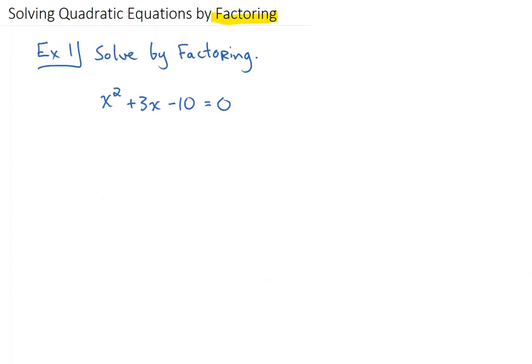Let's say we have the equation x squared plus 3x minus 10, and that equals 0. Now, when you look at this, because we have worked on factoring so much, you may notice that, hey, that looks like something I know how to factor. And sure enough it is, because we're working on solving by factoring. But that's not why we're going to factor it. That's kind of a contrived logic.